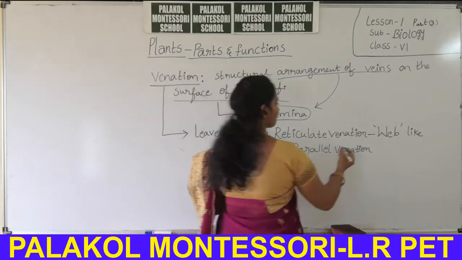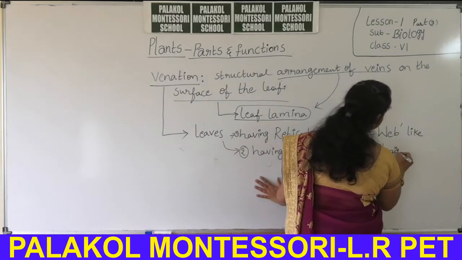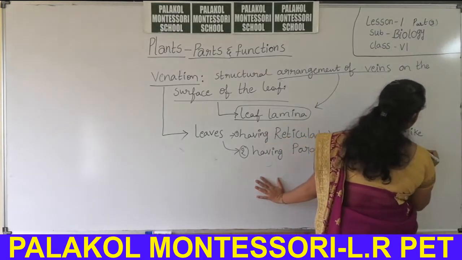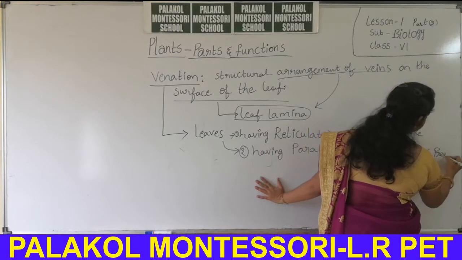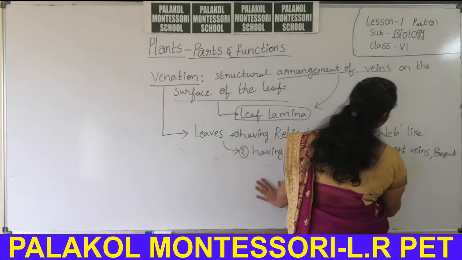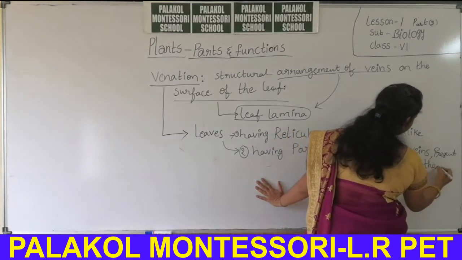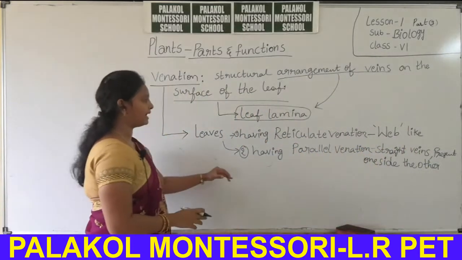That means straight veins present from one side to the other. This type of arrangement is called parallel venation.